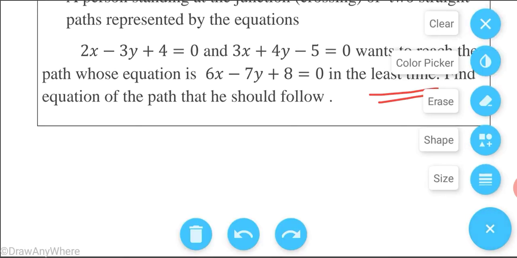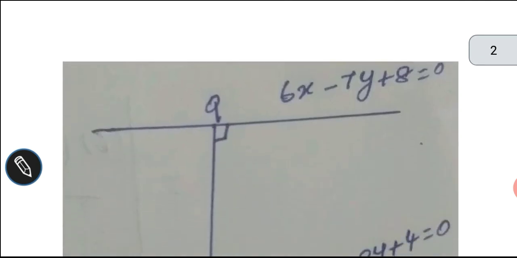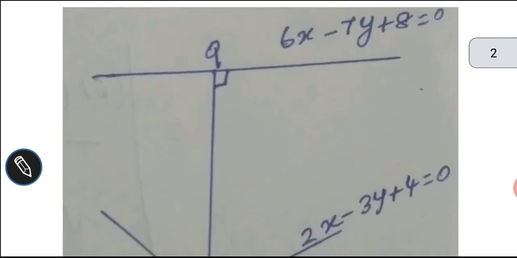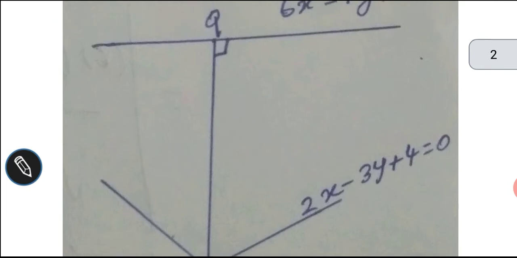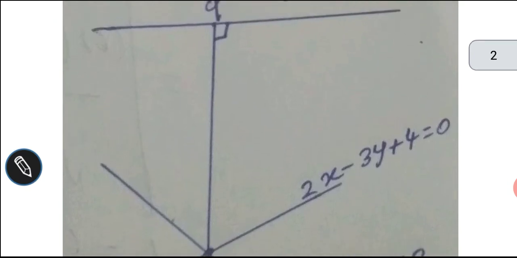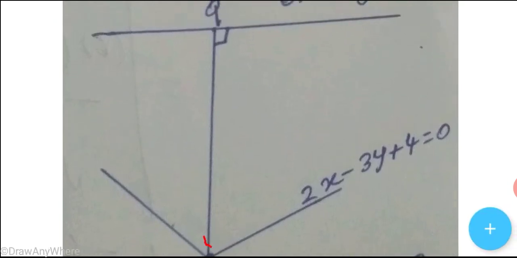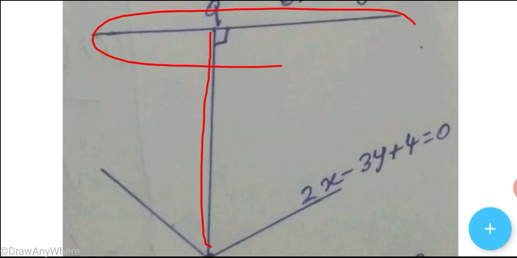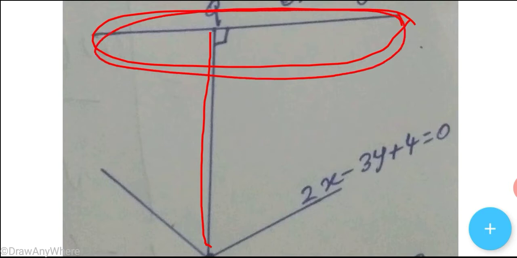So in order to reach this line in the shortest time, he has to go only along this straight line.